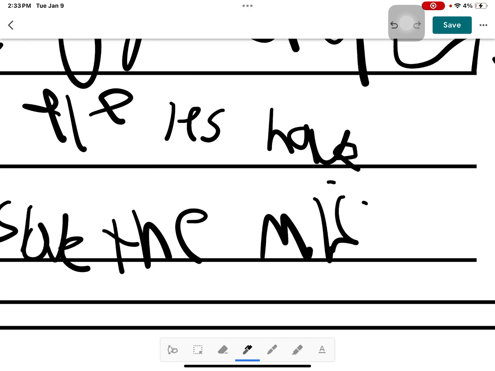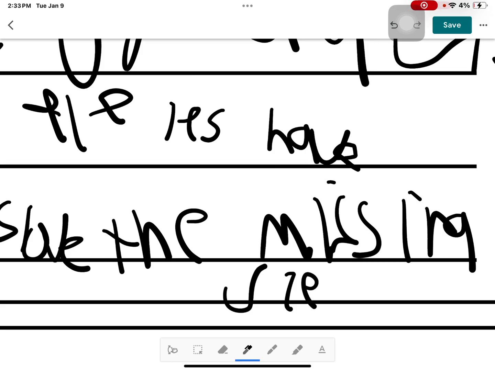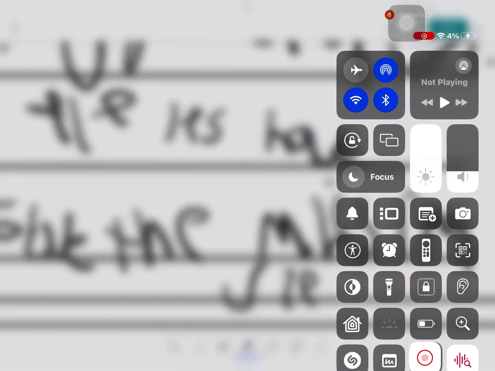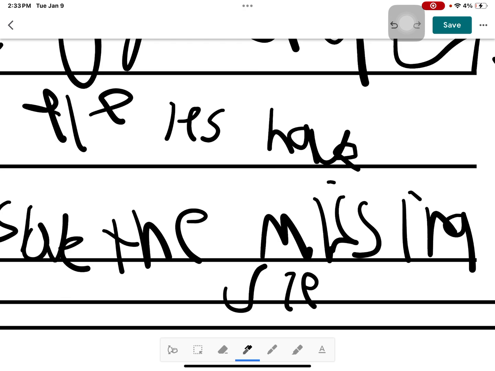I'm going to rewrite that. Set up an equation and solve for the missing value. So these are the steps that you need to do in order to set up your equation to solve.